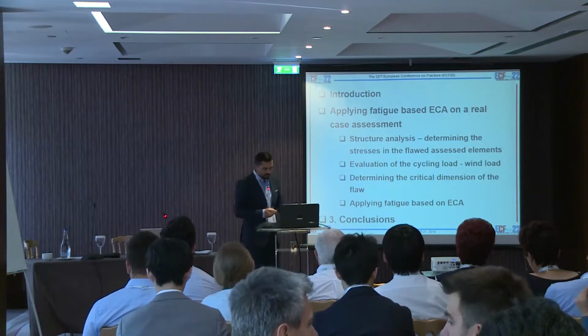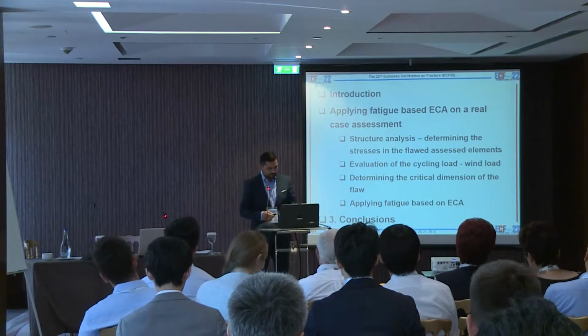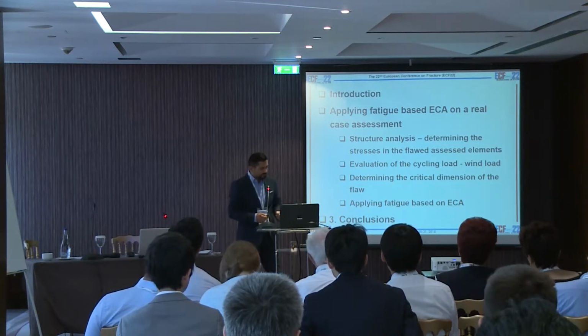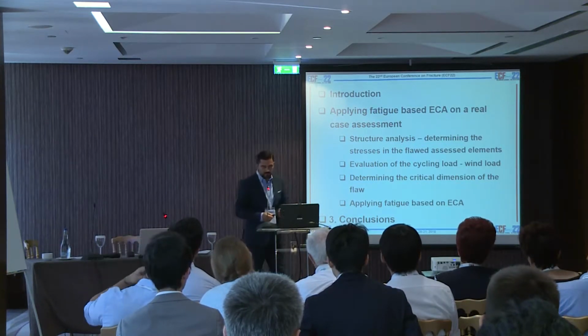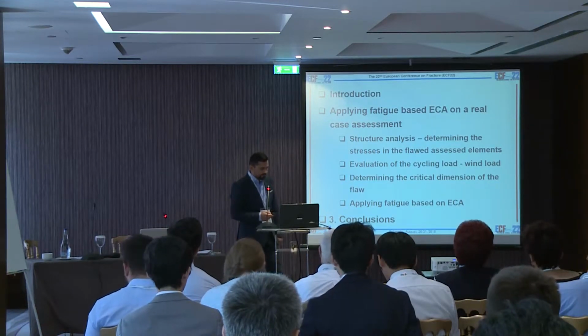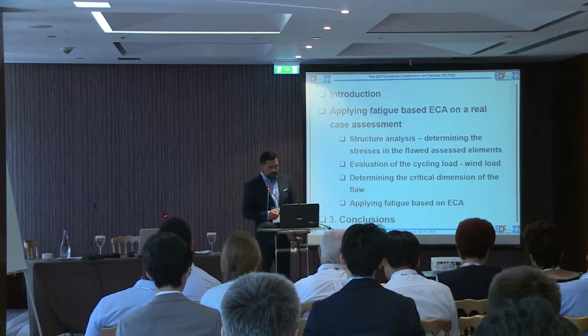Okay, so as an overview of the presentation, first there will be an introduction of the matter and the problem in civil engineering constructions. The second is the approach of engineering critical assessment on a real case. We will see an antenna monopole type structure, and in the end the conclusions.